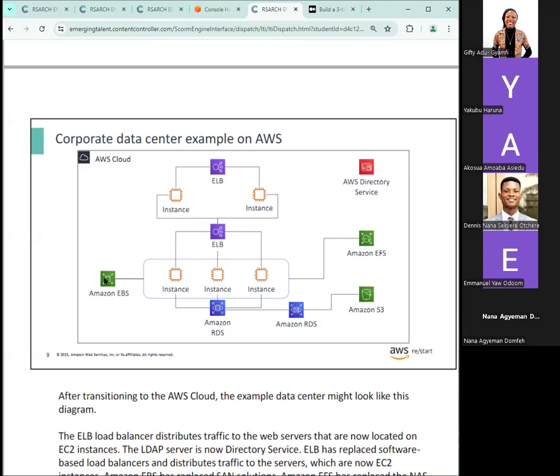That is why we need a shared storage. As this instance is taking Yakubu's information, it's storing it here. As this one is taking it, it's storing it here.